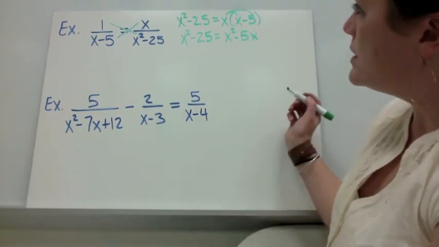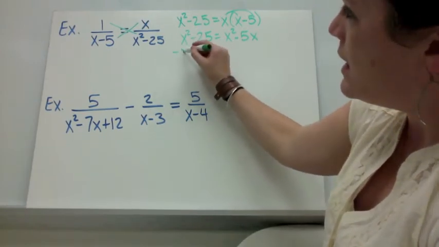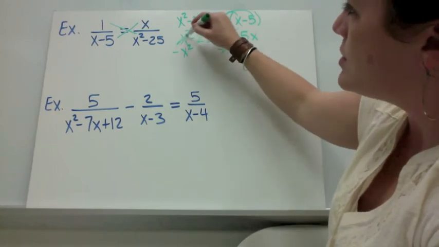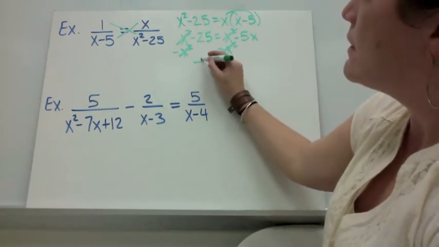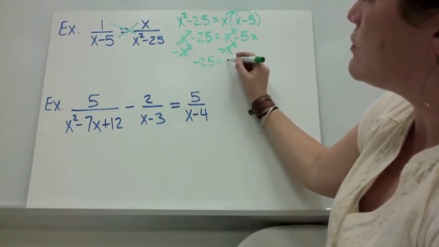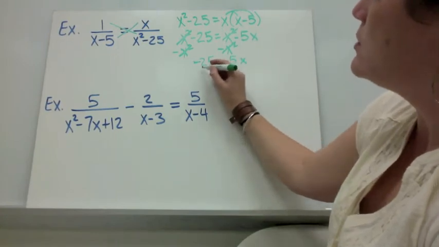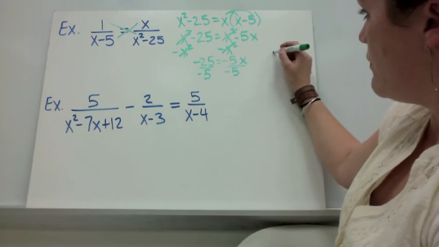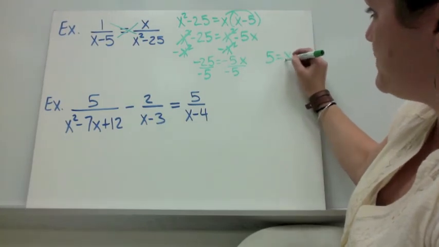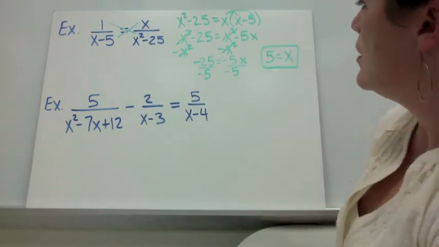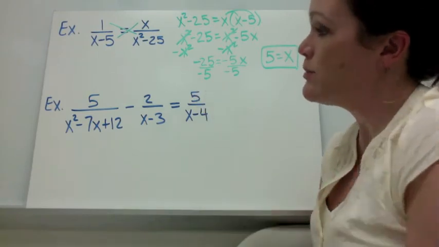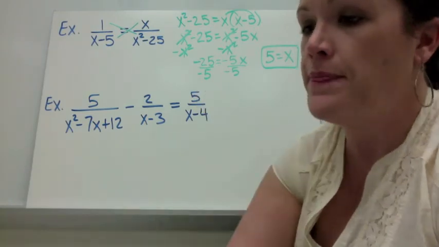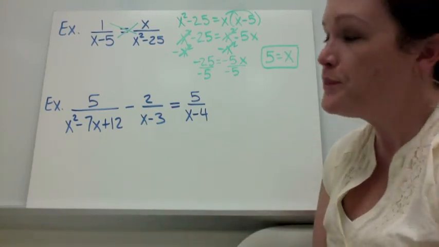So now, we have x squared on both sides, so if we subtract x squared, that's going to cancel out on both sides. I have negative 25 equals negative 5x. So I still need to divide by negative 5. So 5 will equal x. So we could again plug that answer back in and check our work and make sure that 5 would make good sense. But let's look at example 2 for now.